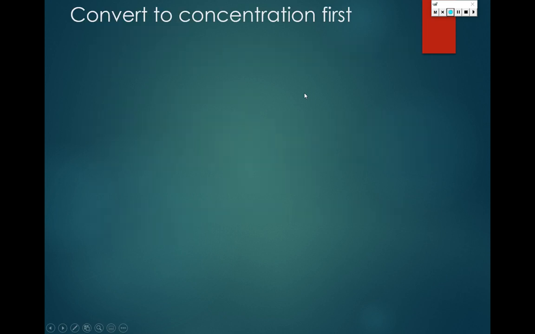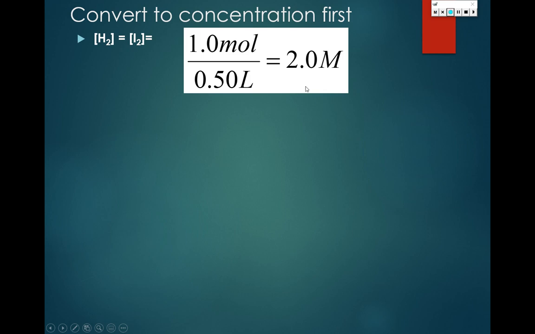Okay, so the only concentrations we are given are the initial. So 1 mole divided by 0.5 liters makes 2 molar. So what I'm going to do is write a bunch of notes. You decide how much you would like to have in your notes.